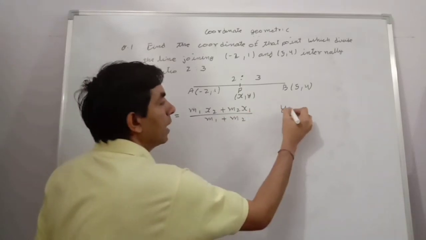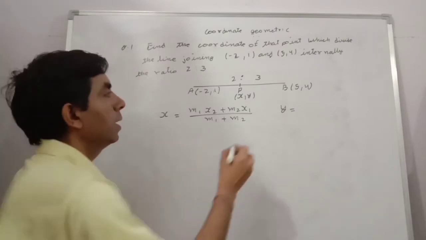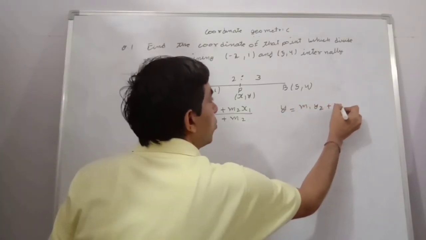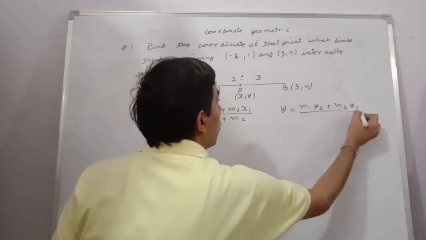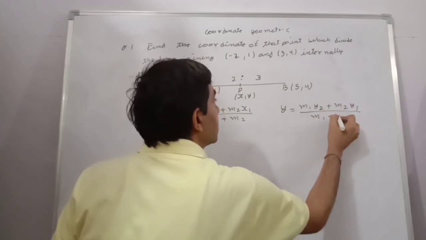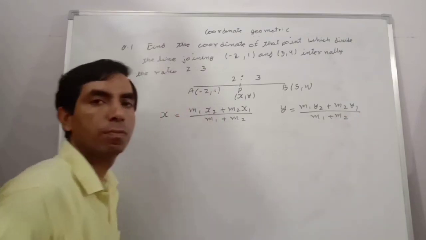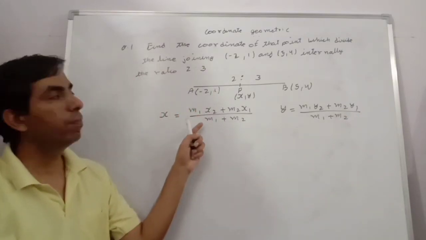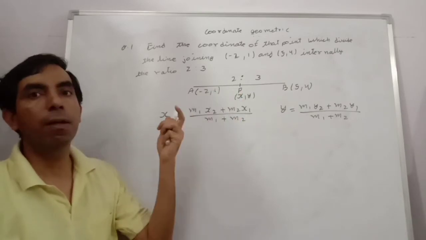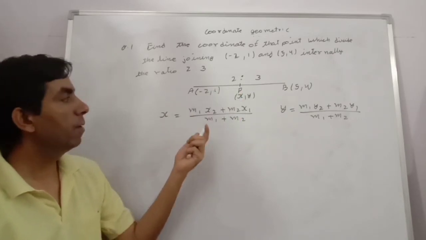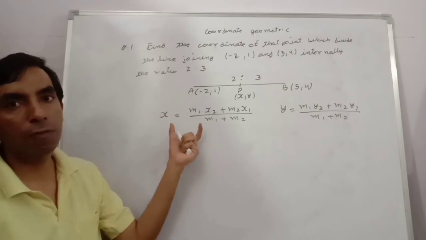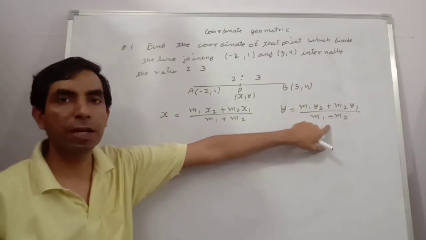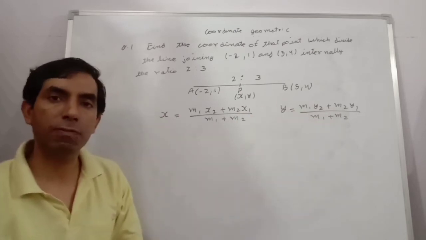Second, for the y coordinate, it is (m1 y2 + m2 y1) upon (m1 + m2). If we want to find the value of x, we use this formula, and if we want to find the value of y, we use this formula.